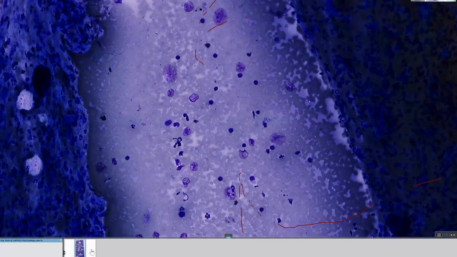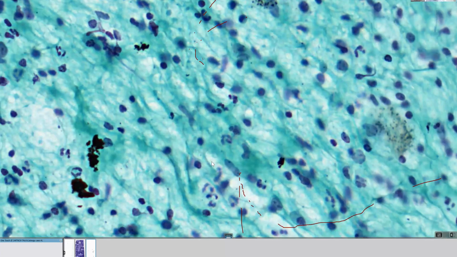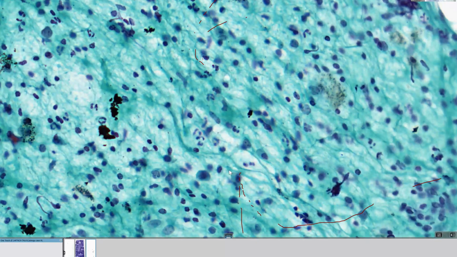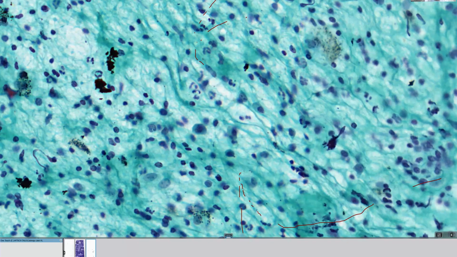And the background of these cells in a different core shows a mixed population of neutrophils as well as necrosis. So that made it easy to make a diagnosis on these biopsies.